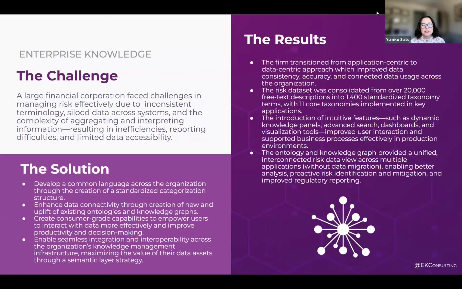Overall, this created seamless integration and interoperability across the organization's knowledge management infrastructure. This really maximizes the value of the data they have, and streamlined a lot of the work they had to do.